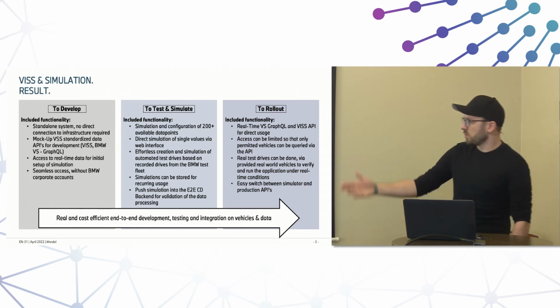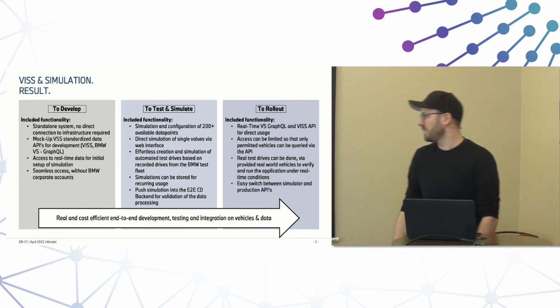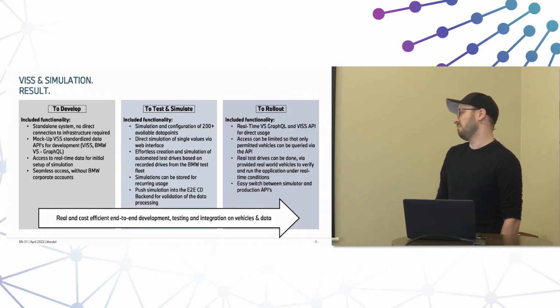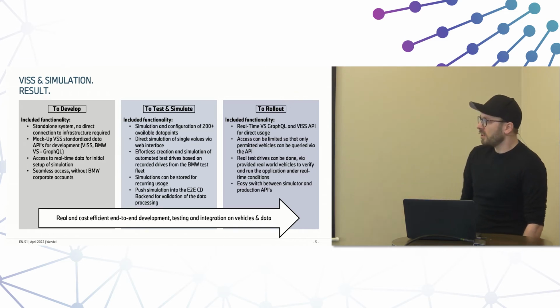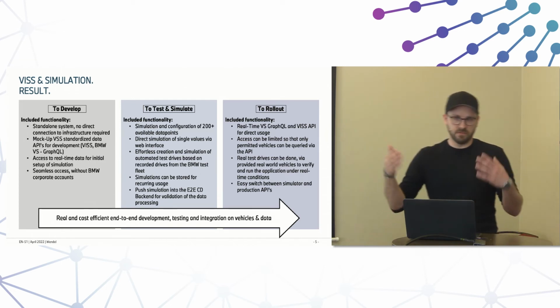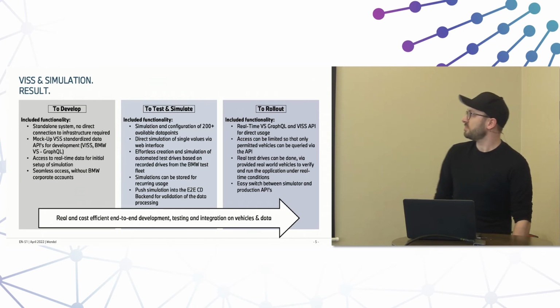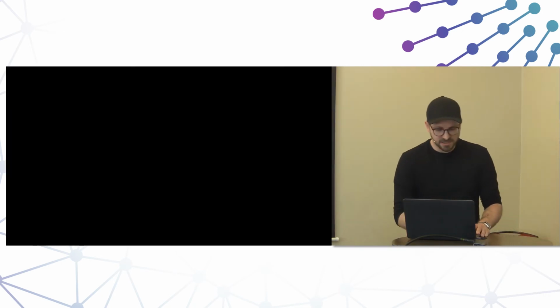This was the idea behind it, and hopefully we'll achieve our goals. I see that it is possible to have real cost-efficient end-to-end development, testing, and integration of vehicles and data with standardized interfaces. So this was maybe the boring slides.